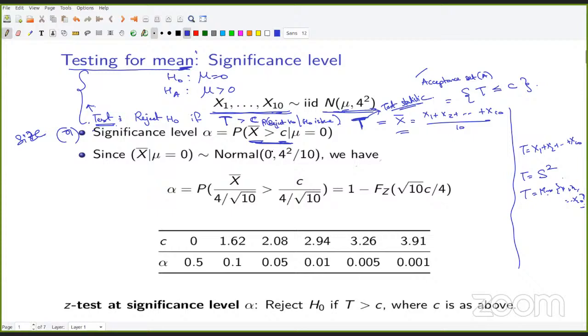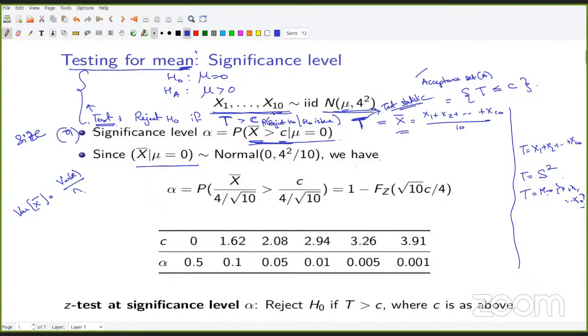Now we can compute this alpha. We know that x bar, given mu equal to 0, follows normal with mean 0 and variance 4 square by 10, because 4 square is the distribution variance. The variance of x bar is the variance of x divided by the number of samples.